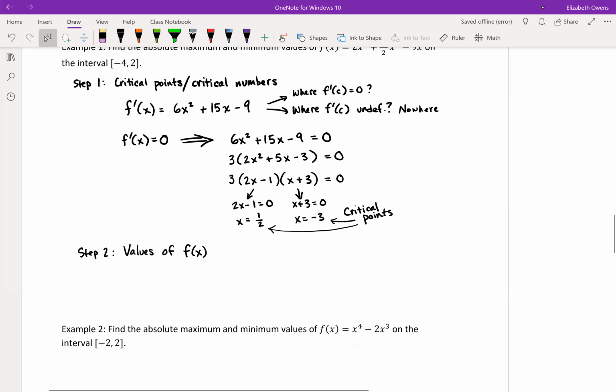So we will find f of our critical points, f of 1/2, f of -3, and then we also need our endpoints, which are -4 and +2.